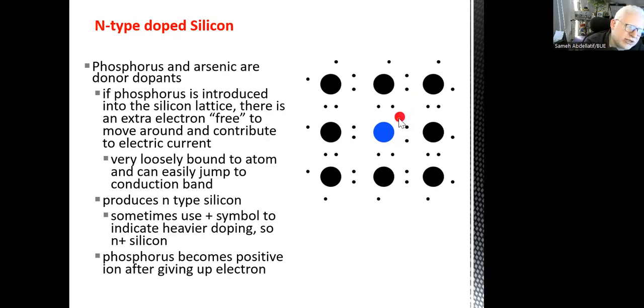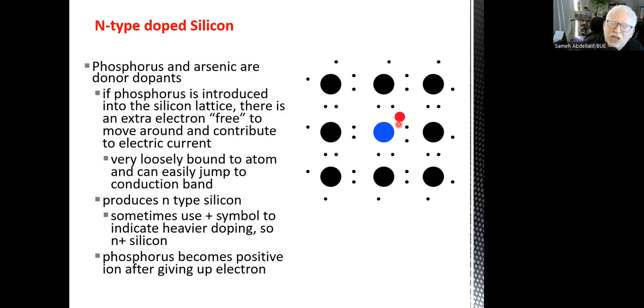But the question is, if this electron jumps to the conduction band, will a hole be created in the valency band? Please remember, a hole is a broken bond. In this case, we don't have a bond. So when this red electron jumps to the conduction band, no broken bond exists. Accordingly, you increase the number of electrons without increasing the number of holes.